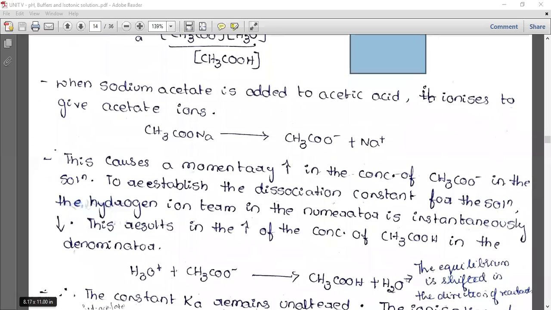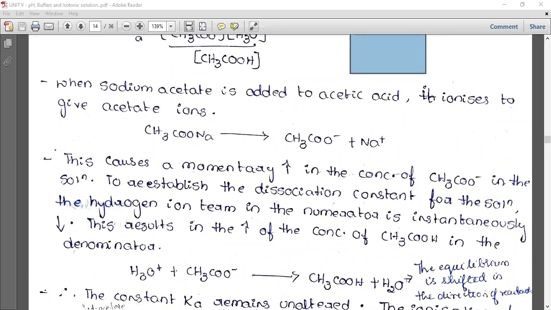Okay, so whatever excess acetate ions are there will combine with the hydrogen ion to form acetic acid, so as to re-establish the dissociation constant, which was disturbed because of the increase in the acetate ion in the numerator. Whatever hydrogen ion was there in the numerator combines with the excess acetate ion, and it forms acetic acid.